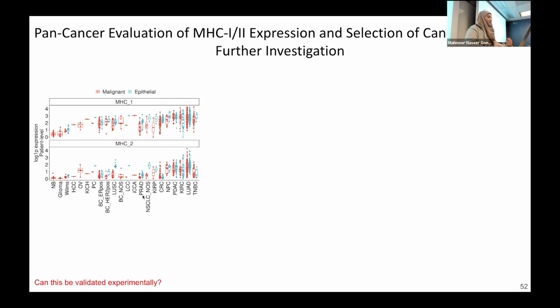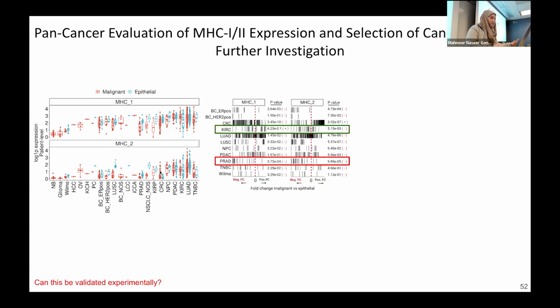So this is where we have an interesting analysis, because we see the cancer types on the x-axis and the expression of MHC class 1 and class 2 on the y-axis. So the interesting cancer types are perhaps the kidney cancer. Kidney cancer has high MHC class 1 and class 2 expression. What you see in this plot is the fold change between malignant and epithelial cells for MHC class 1 and class 2, and each bar is one patient.